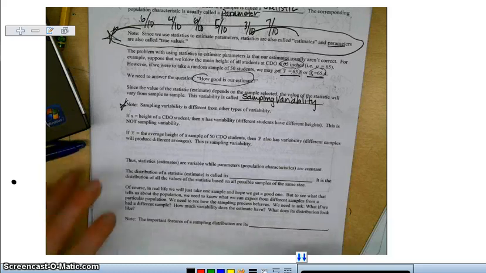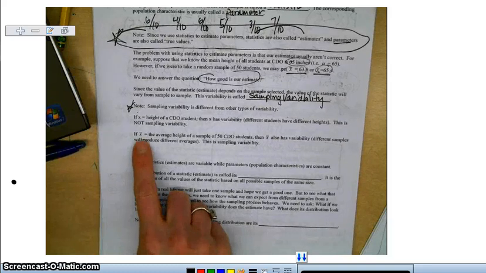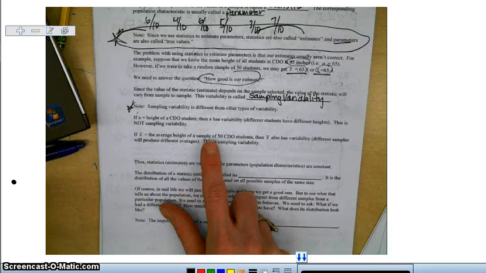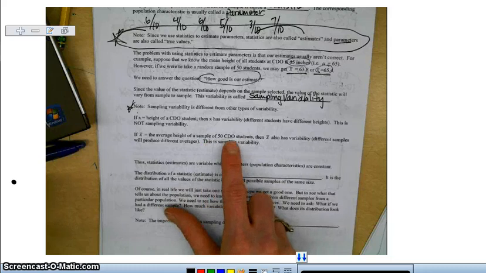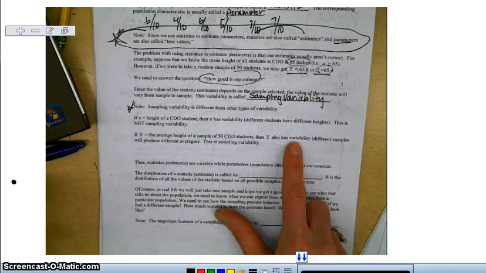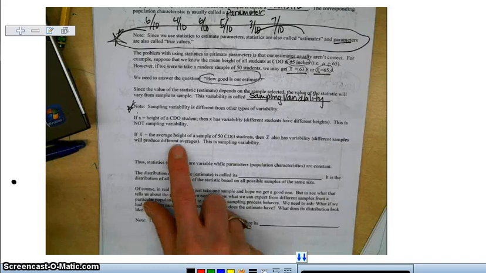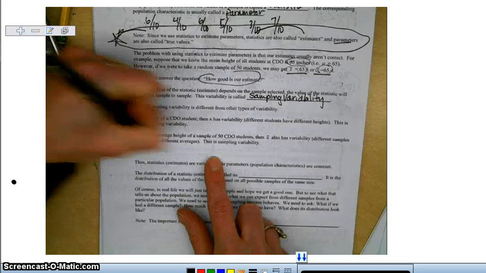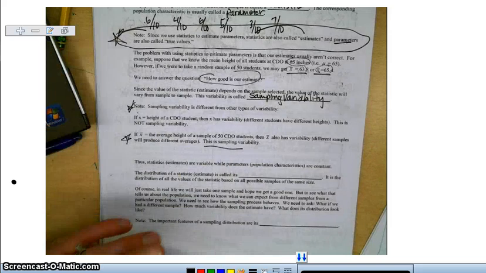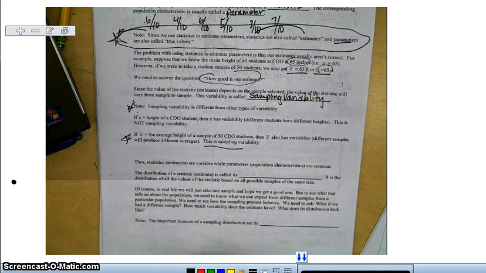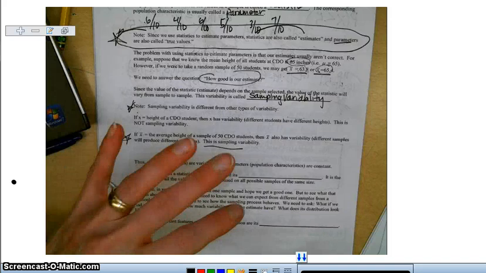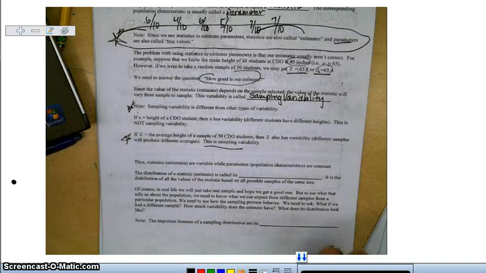Sampling variability: X bar is the average height of a sample of 50 East High students. Then X bar also has variability. Different samples will produce different averages. This is sampling variability. So now, instead of just looking at each of you individually and saying you have different heights, your heights have variability, that's just plain old variability.